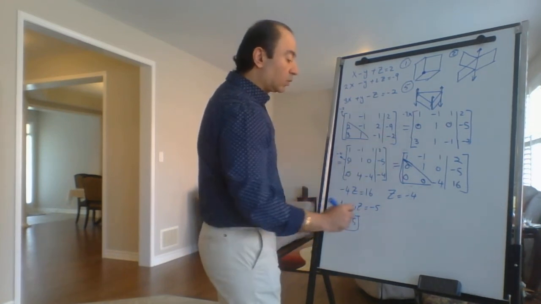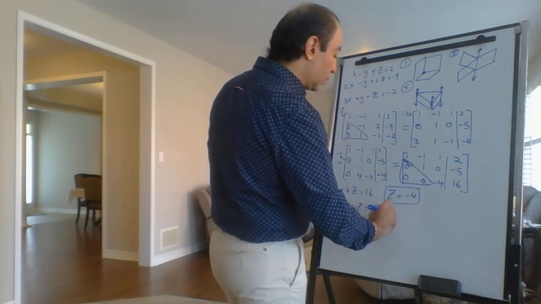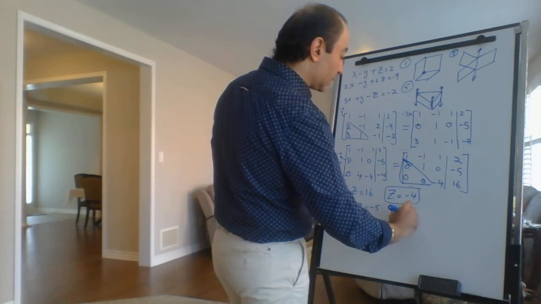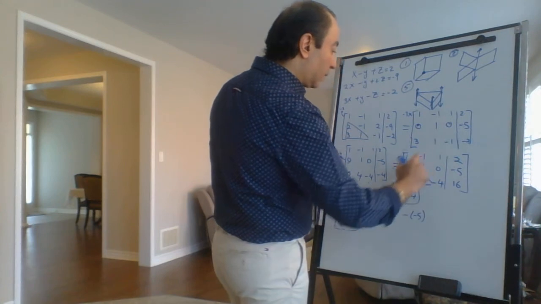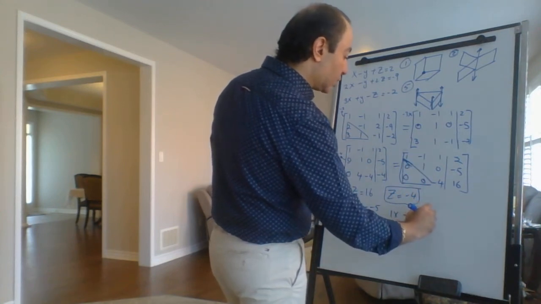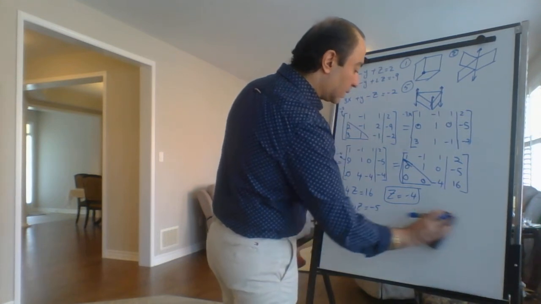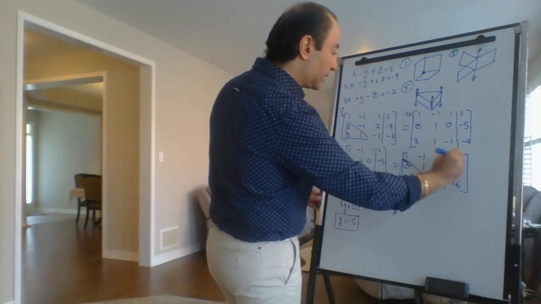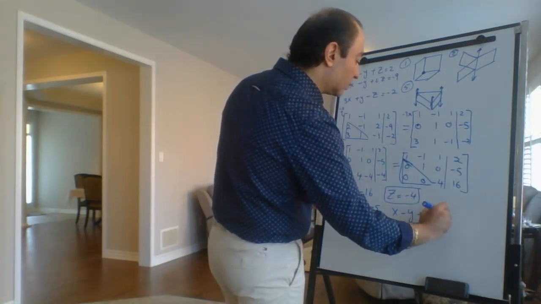Okay, now we go to the first equation and we substitute. So 1x minus 1y, which is minus negative 5, plus 1z, which is 1 times negative 4. I will write the whole equation so you can understand. From this equation, x minus y plus z equals 2.